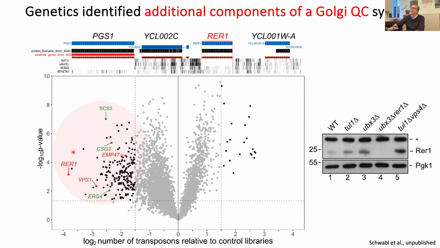And the top hit from that screen, which was essential for the growth of DSC mutants, was a protein called RER1. And RER1 is essential for growth of these cells, and it is also upregulated in DSC mutants on protein level, already suggesting that they could work together.